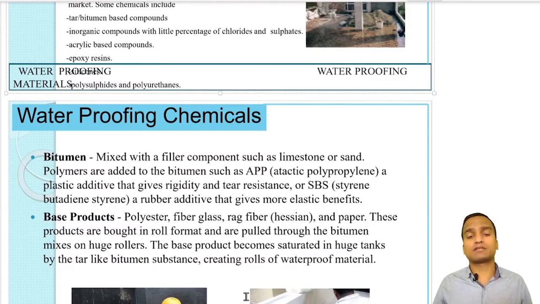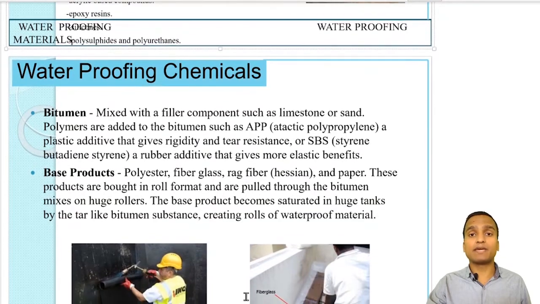When it is mixed with such fillers, then polymers are added to the bitumen, and those polymers can be either APP, atactic polypropylene, a plastic additive that gives rigidity and tear resistance, or SBS, styrene butadiene styrene. It's a rubber additive that gives more elastic benefits. So we can add any of these two polymers to the bitumen which is mixed with a filler component, which may be limestone or sand.